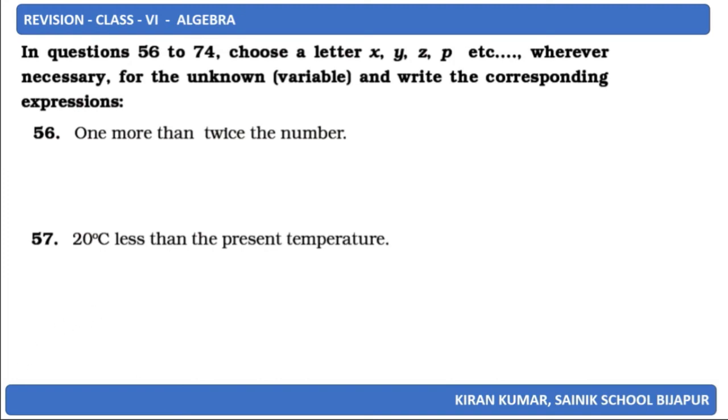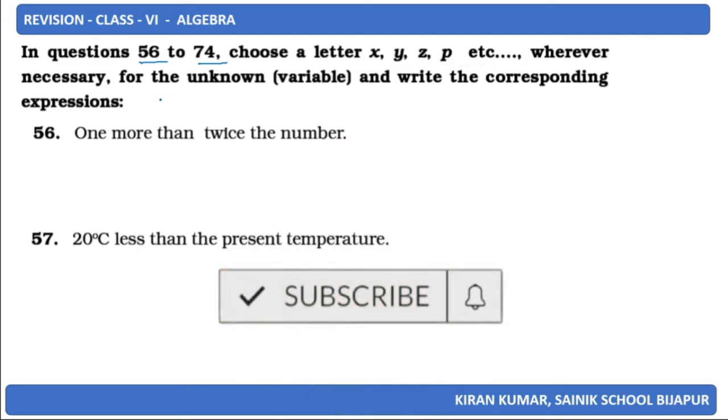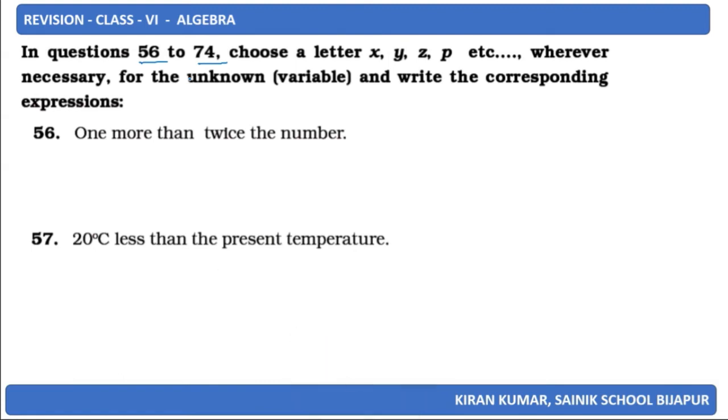Next, in questions 56 to 74, choose a letter x, y, z, p, etc. wherever necessary for the unknown variable and write the corresponding expressions. First we have, 1 more than twice the number.